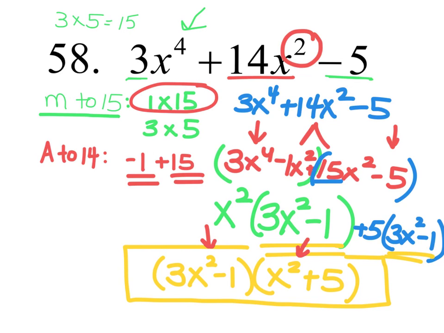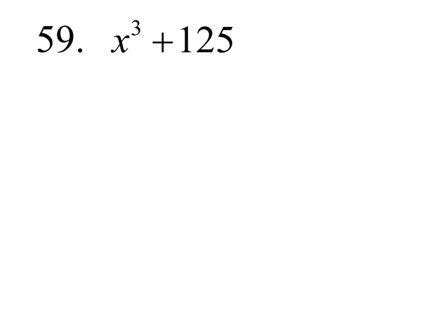Let's move on and talk about the sum and difference of cubes. So this is the sum of two cubes. And it's a sum because we have an addition sign. It's in the form a cubed plus b cubed. So my first task is going to be to find my a and find my b.